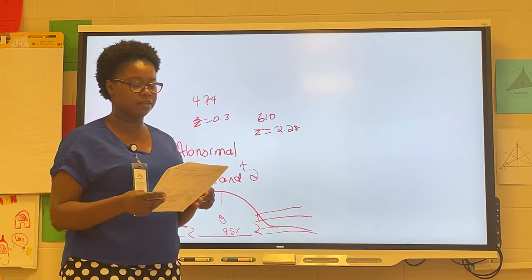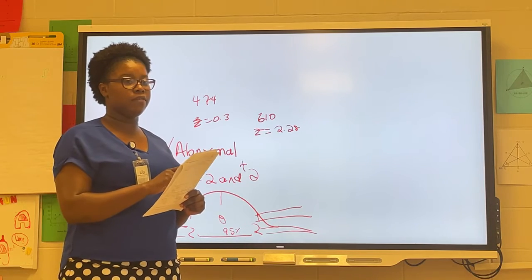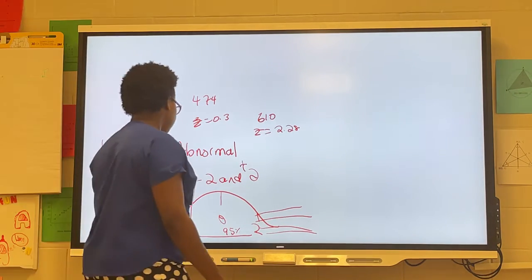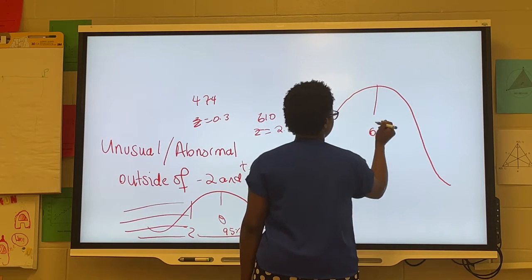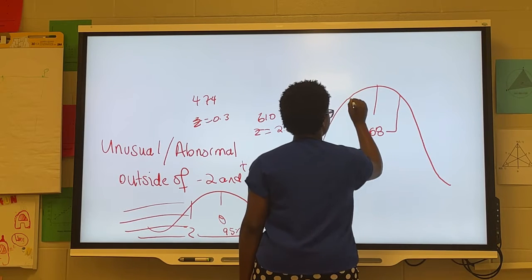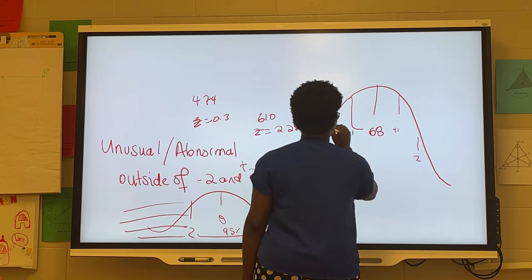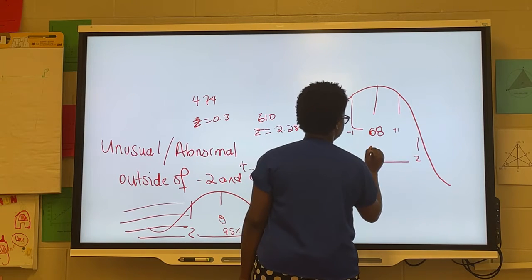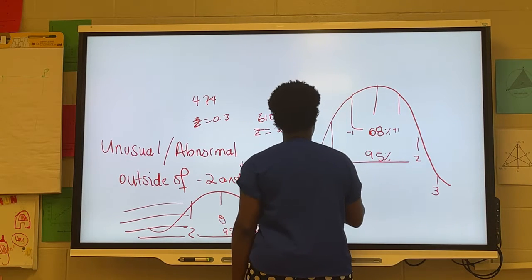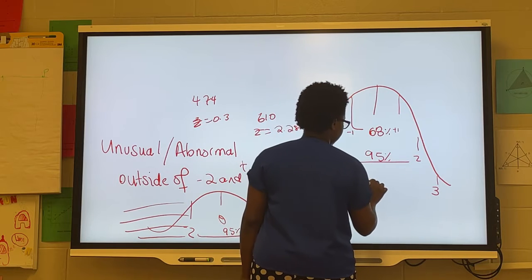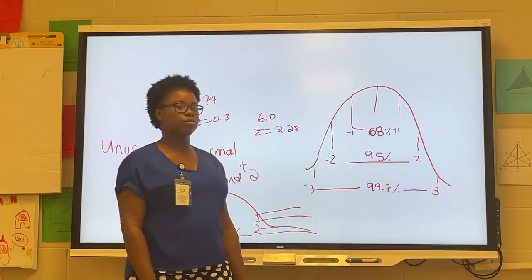So you're going to find your mean, standard deviation, draw a bell curve, and observe the 68, the 95, and the 99.7% rule to answer those two questions.